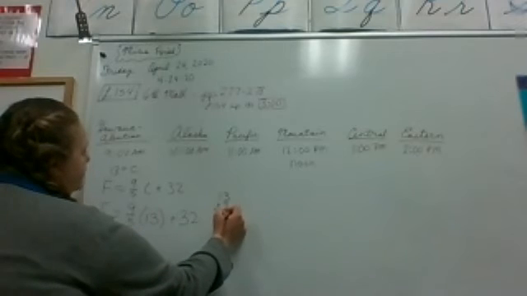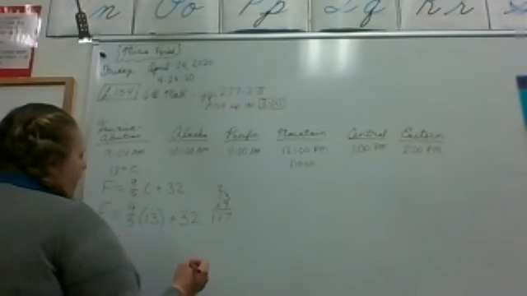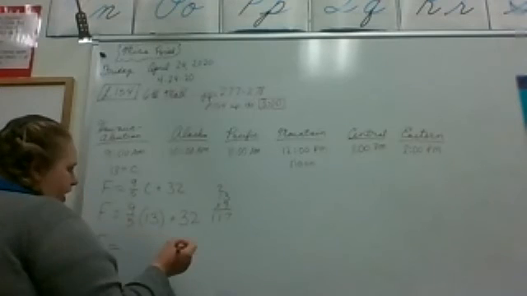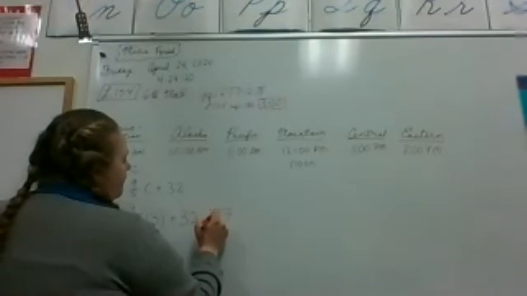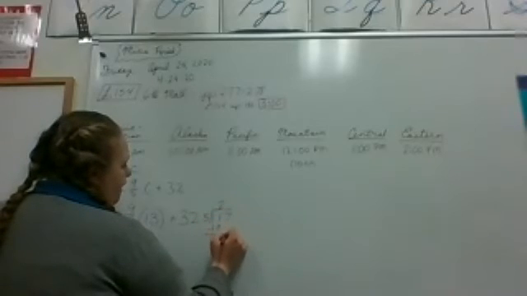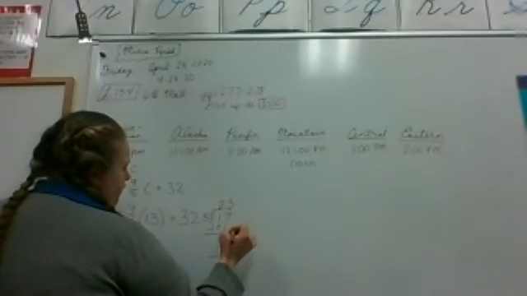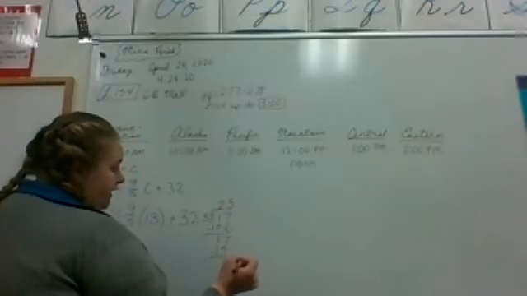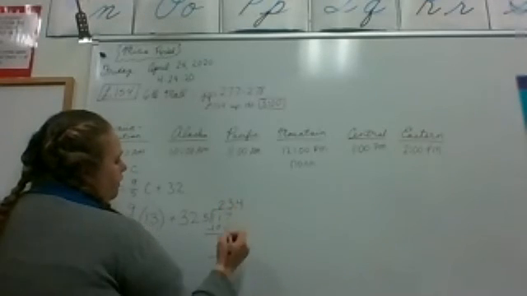So 9 times 3 is 27, carry the 2, is 117. So it's 117 over 5. We're going to divide that by 5. That gives 23, and the remainder would be 0.4, okay.